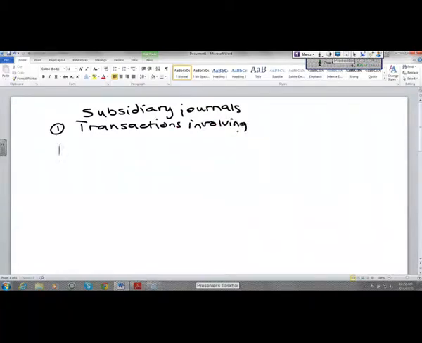All right, so in this category, what is key is cash. If as a business we are transacting using cash, we're going to use the subsidiary journals in the first category. And we have two main subsidiary journals. We call the first one the Cashbook Payments Journal.